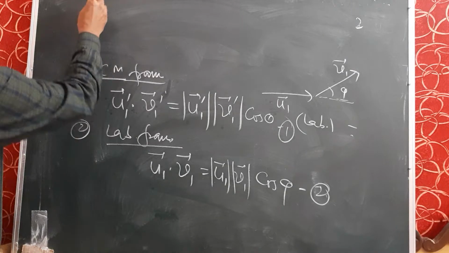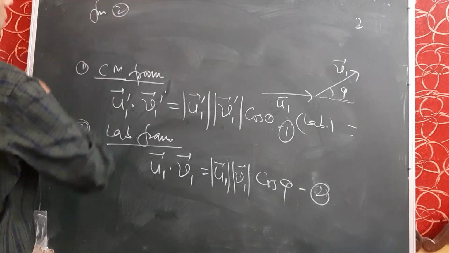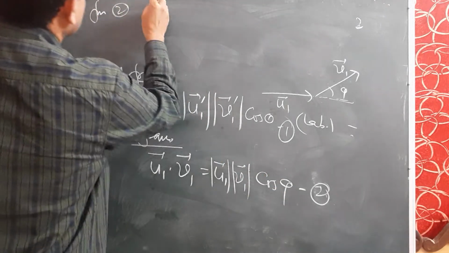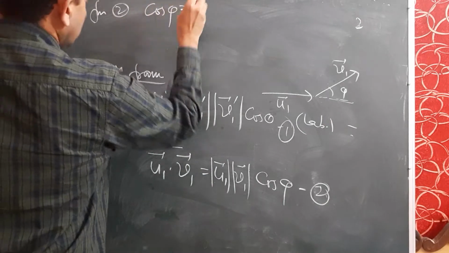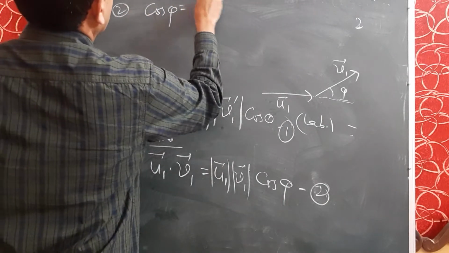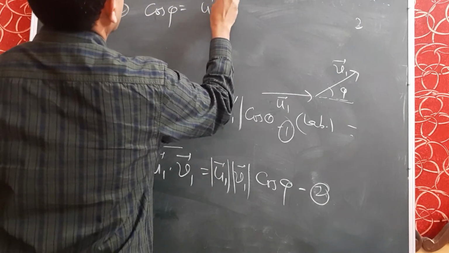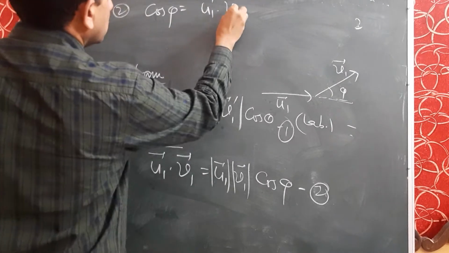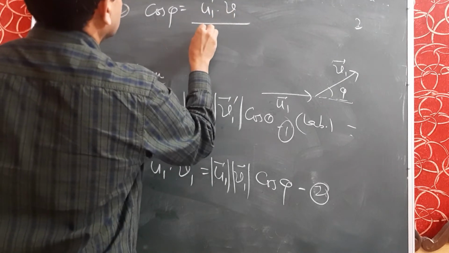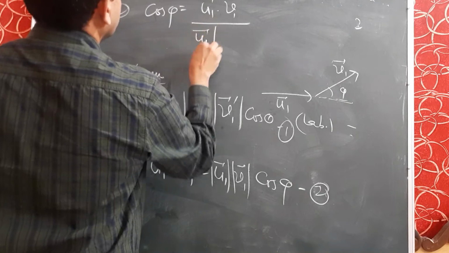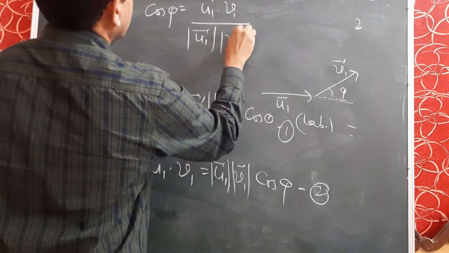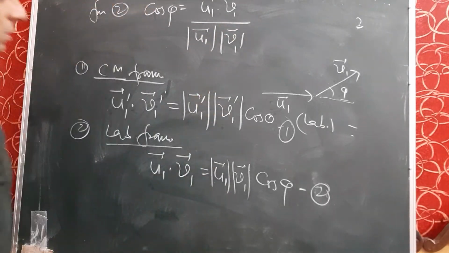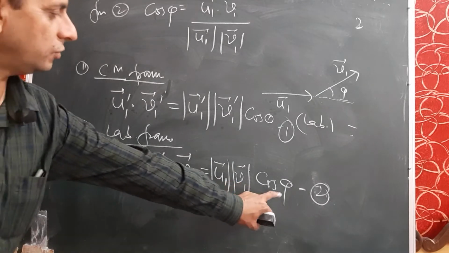So from equation 2, cos phi is equal to u1 dot v1 over magnitude of u1 into magnitude of v1.